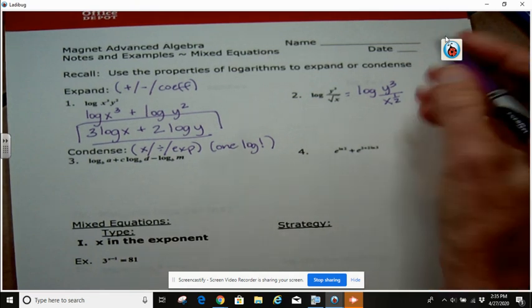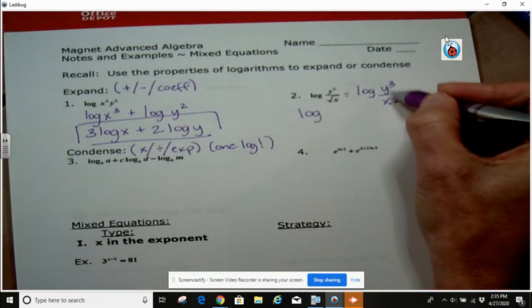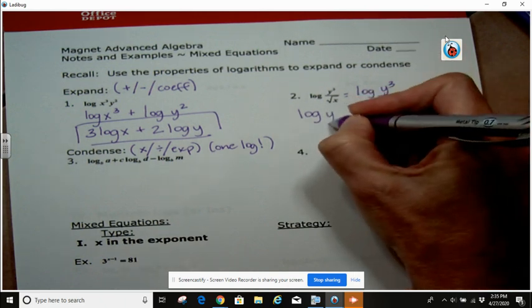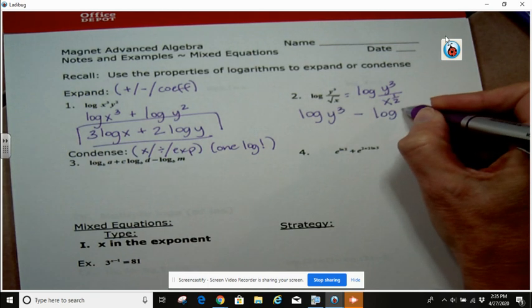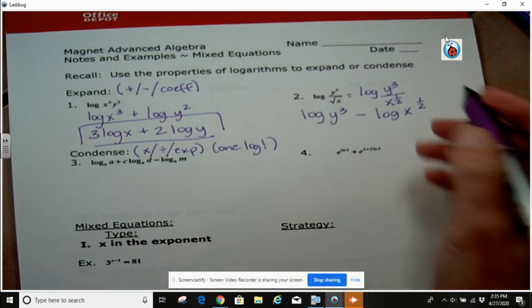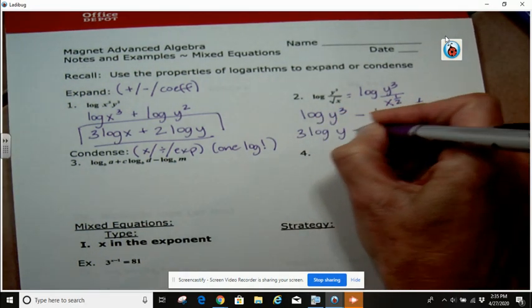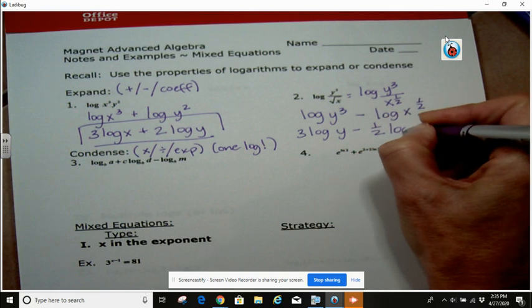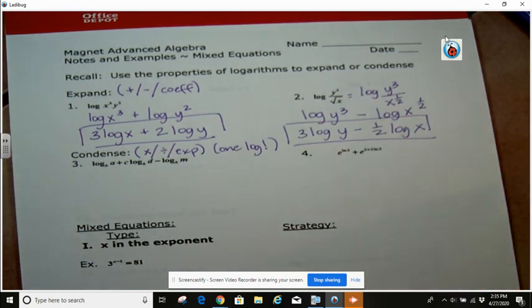So first step is I'm going to break up your quotient into separate logs with subtraction. So the numerator gets its own log and the denominator gets its own log. And then again, I'm not finished until those exponents get written as coefficients. Now that is fully expanded.